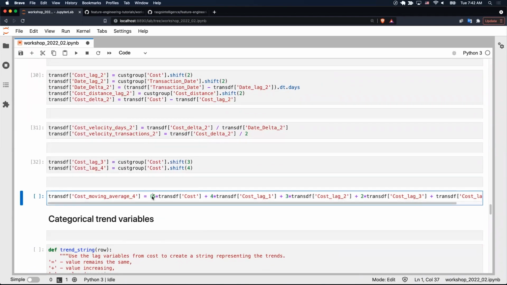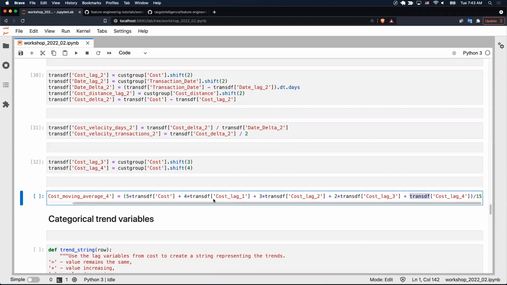So in this case, I'm going to take the current purchase amount, multiply it by 5. I'm going to weight the prior purchase amount slightly less, multiply it by 4. Weight the purchase 2 times ago slightly less, multiply it by 3, and then by 2, and then by 1.